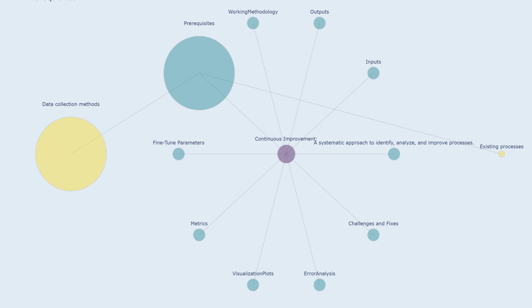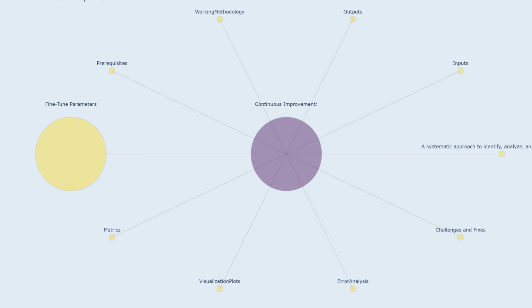Data collection methods: robust data collection methods are necessary to gather relevant information for analyzing processes, identifying improvement opportunities, and measuring results. This includes implementing systems for tracking key metrics, collecting customer feedback, and monitoring process performance.